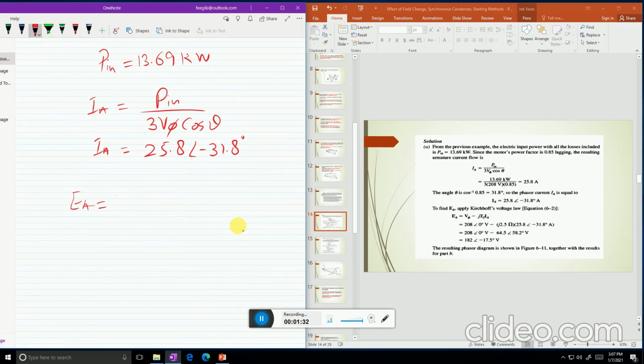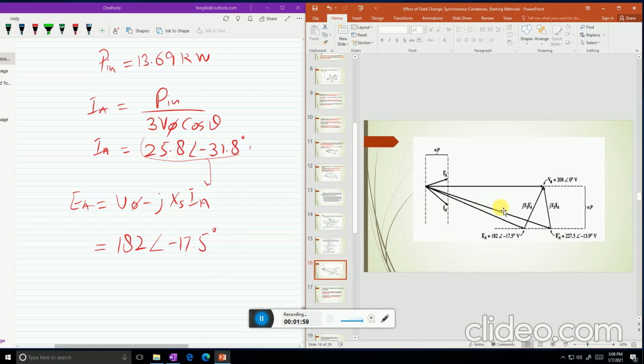In the case of a synchronous motor, it is V phase minus j XS IA. XS value is also given in the previous example. By putting these values, the current value here and V phase value, the result EA is 182 volt angle minus 17.5 degree. The result is shown here. This is EA, its magnitude is 182, angle minus 17.5, and this is V phase, which is 208 angle 0.